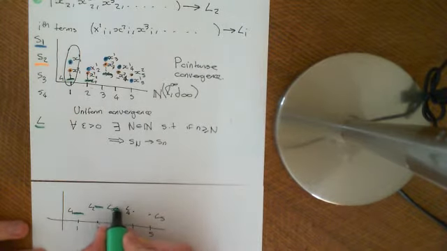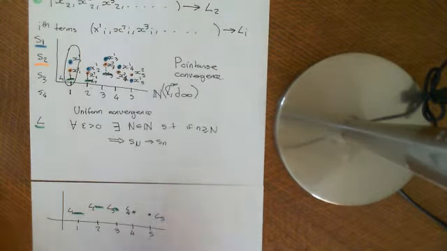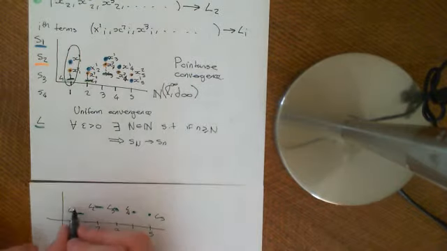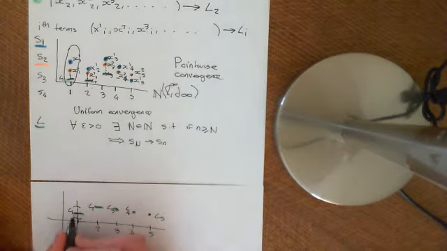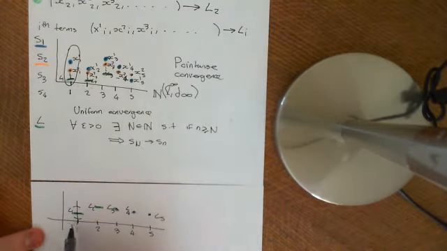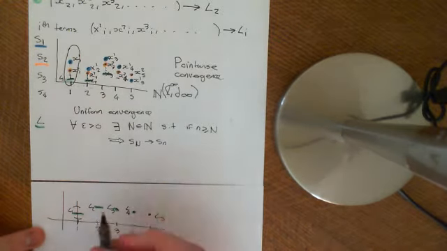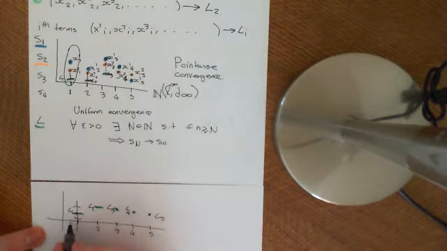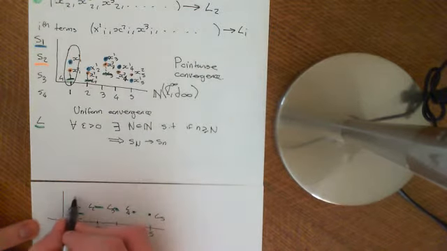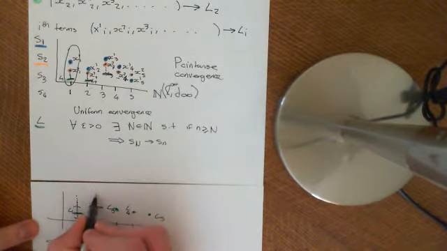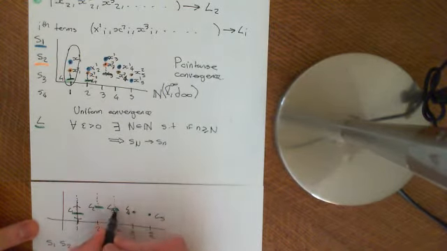Now, pointwise convergence tells me that for any epsilon I take, if I take an epsilon ball around L1, so I take this epsilon interval around L1, there should exist a big N, such that if I go beyond that point in the sequence, so we've got this sequence S1, S2, S3, S4, S5, etc., which is a sequence of functions which are converging down to these points like this.